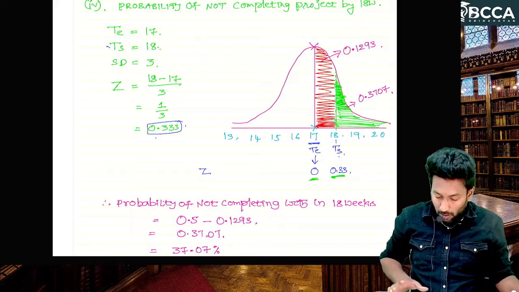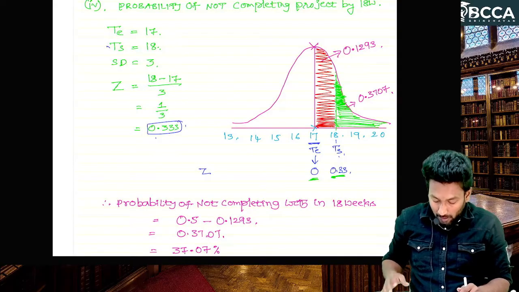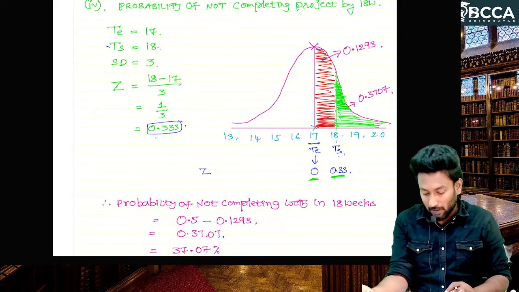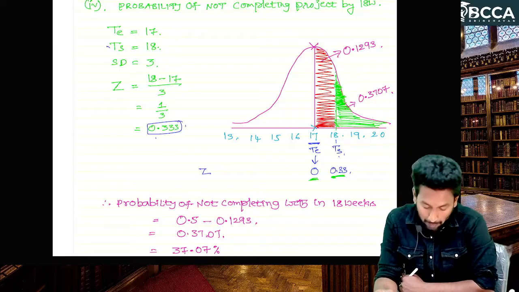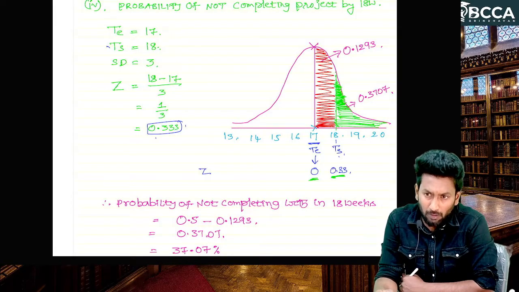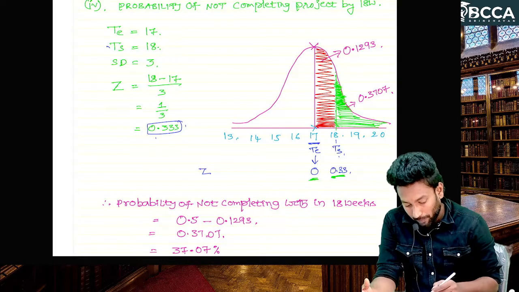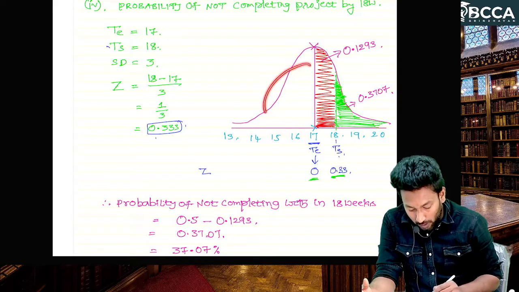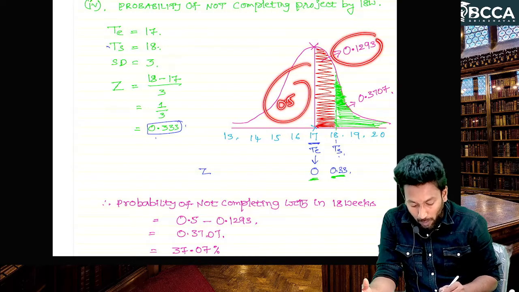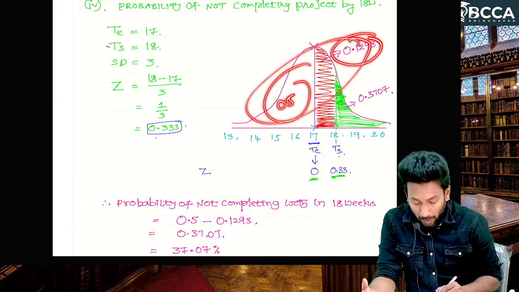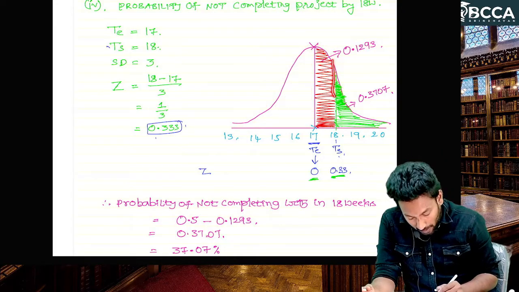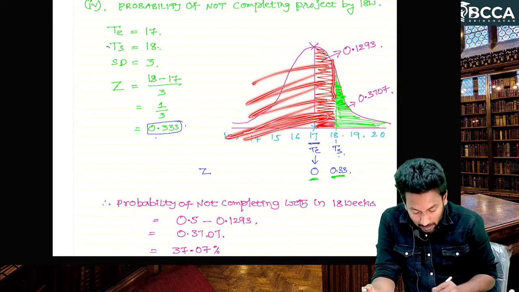Now can you tell me what is the probability that the project can be completed within 18 weeks? This is 0.5, this is 0.1293, total 0.6293. So completing within 18 weeks is this area.